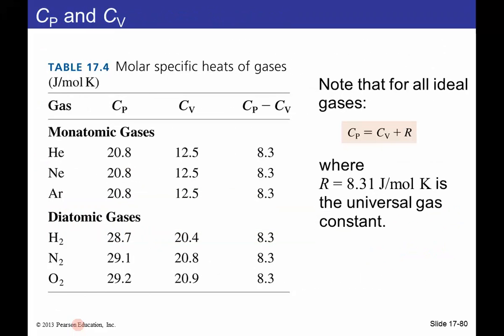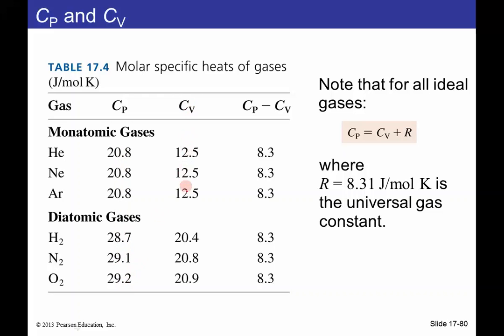These are tables of specific heat for gases. This is helium, neon, argon, and these are diatomic gases: hydrogen, nitrogen, and oxygen. This is the molar specific heat at constant pressure. They are pretty much the same because they are ideal gases. Here they change a little bit.